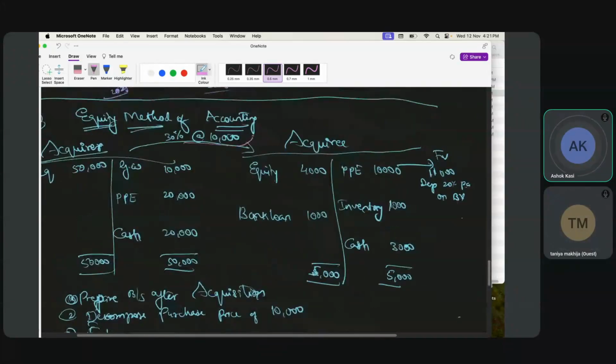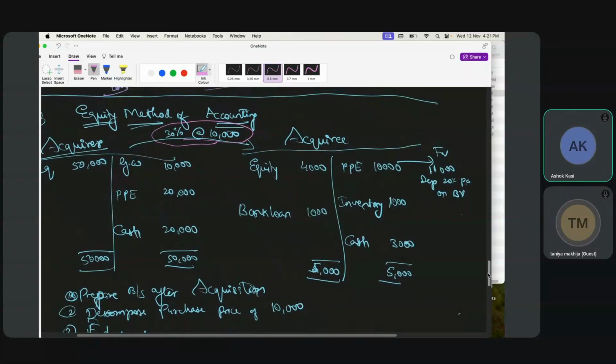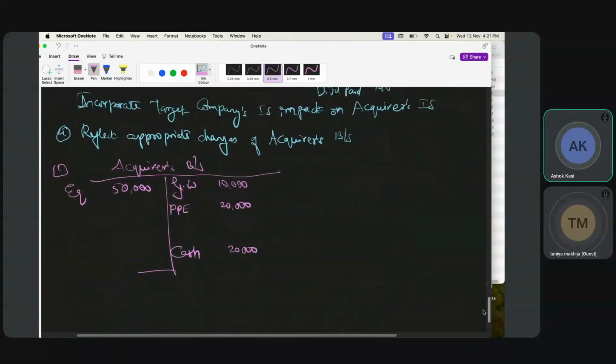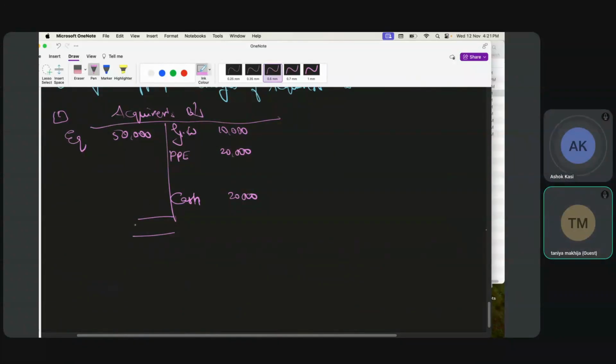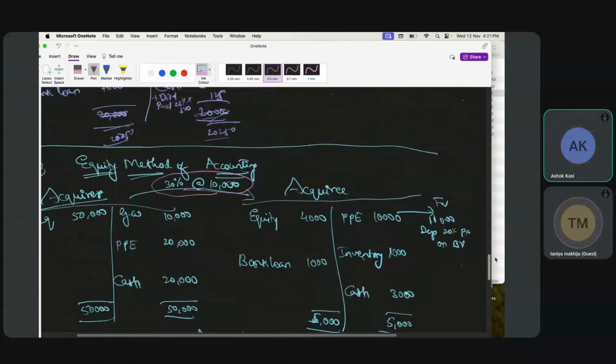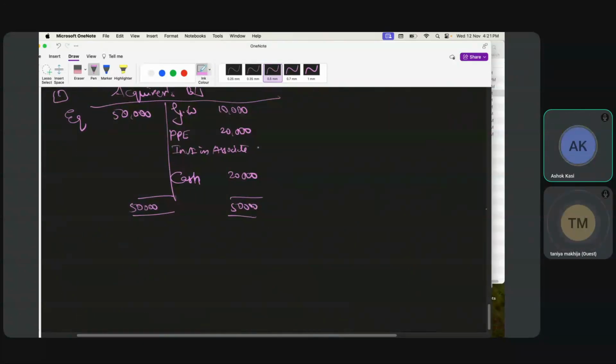Oh, 30%, it's 10,000. So here, investments in associates: 30% at 10,000.